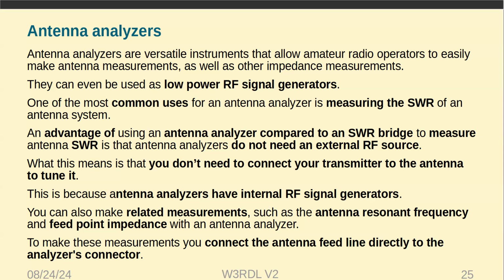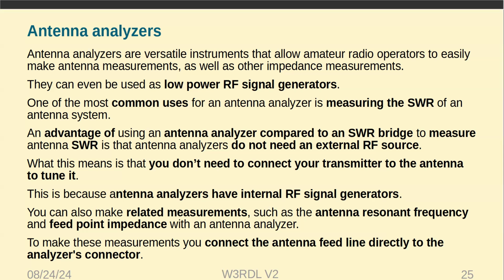Antenna analyzers are typically made to check SWR. They may do a few other functions, but basically you're looking at the standing wave ratio and trying to tune your antenna for the lowest SWR.